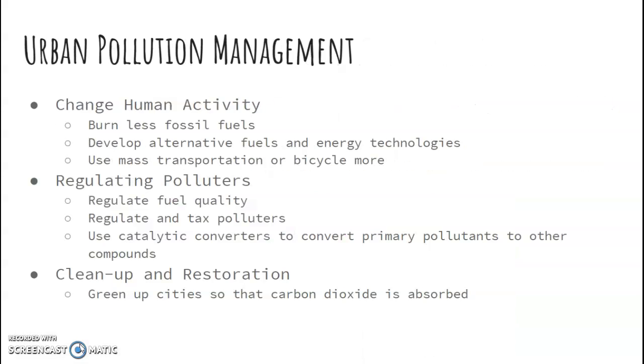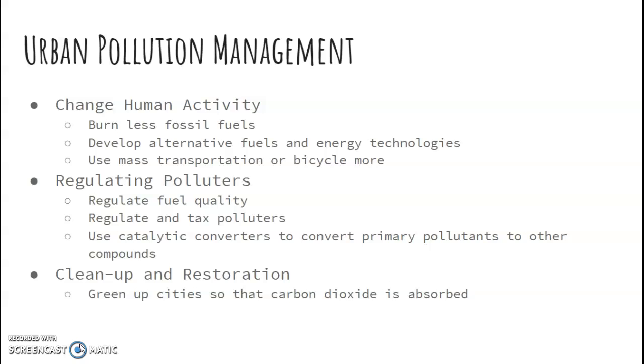Okay, this is the last slide. What do we do to manage our urban pollution? Well, first of all, we've got to change human activity. Burn less fossil fuels, develop our alternative energy and fuel technologies, use more mass transportation, or even bicycle. We've got to regulate and tax polluters. We've got to regulate fuel quality.